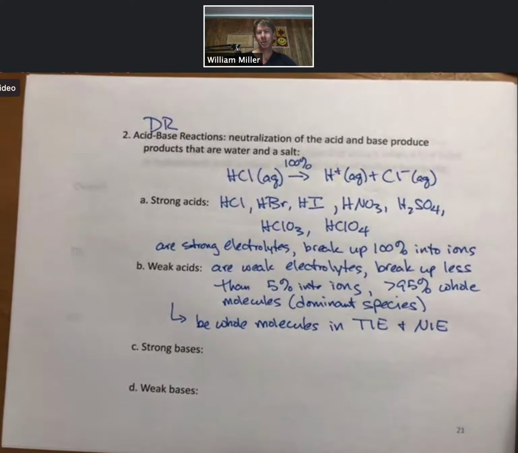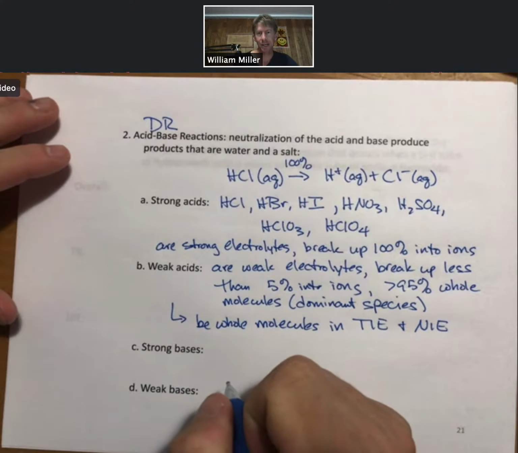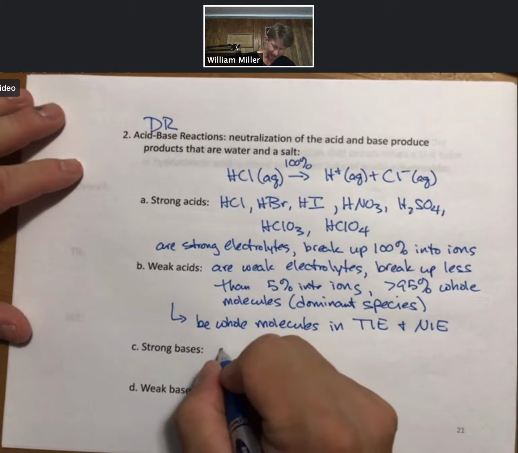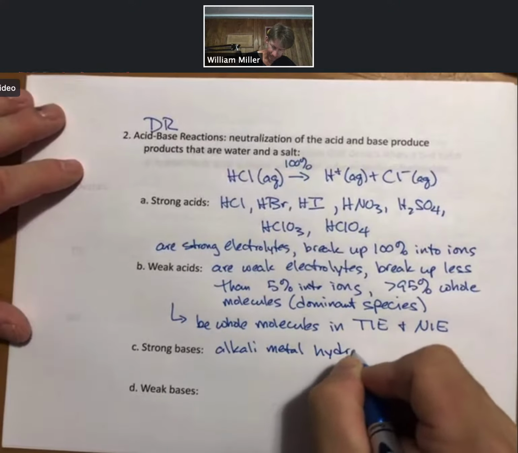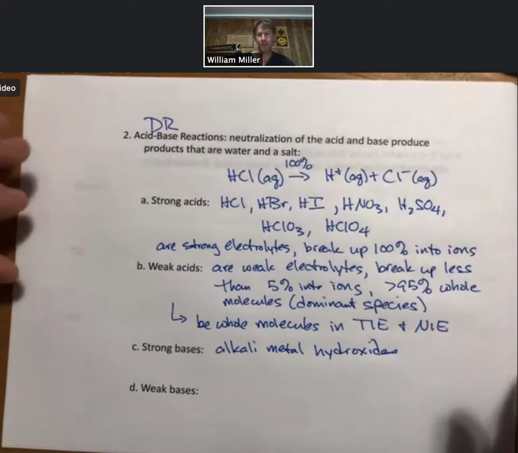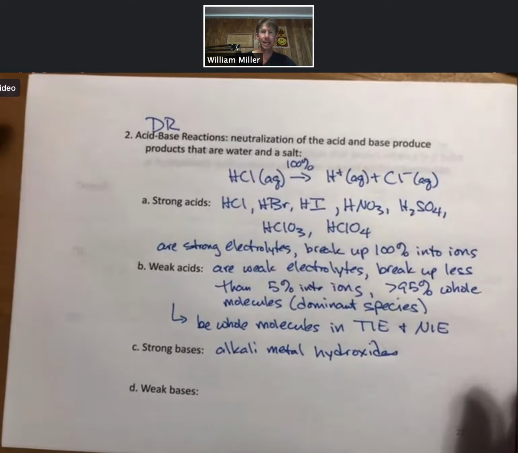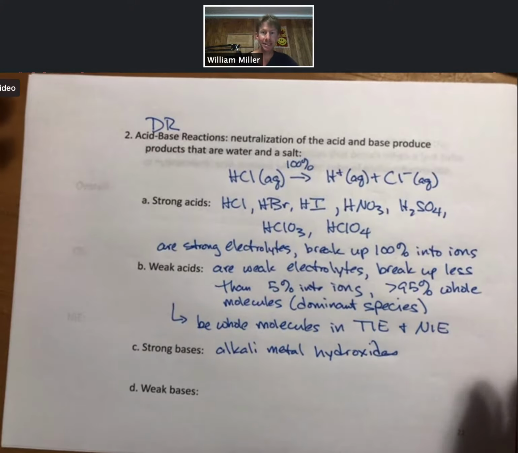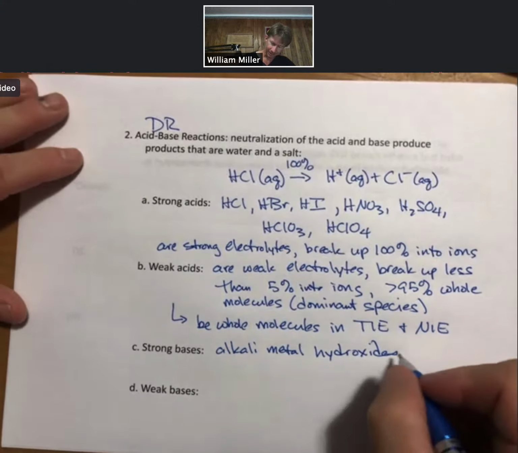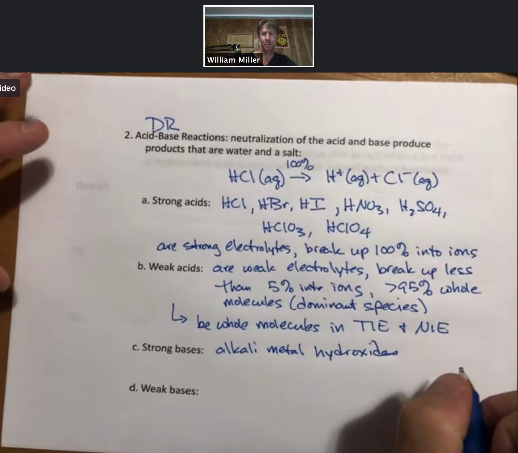Strong bases is a category that we limit in this course to the alkali metal hydroxides, because those are the most common ones. Those are the ones you see in the lab, by far the most, certainly at this level as well. We are limiting ourselves. There are more strong bases that you will encounter in the more advanced chemistry classes, but we will limit it to these examples for now.